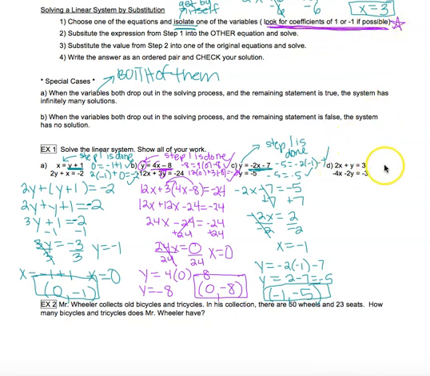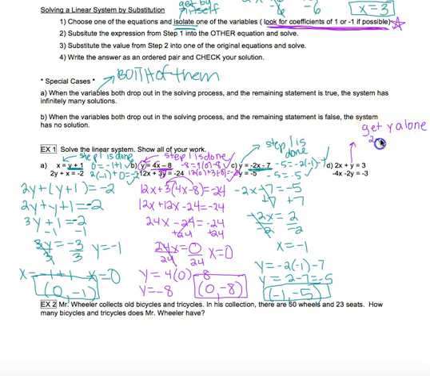So when I look at my top equation, the coefficient on x is 2. So I don't want to use that unless I have to. I look at the y, the coefficient of y is 1. So this is my winner. So I'm going to get y alone, isolate y.